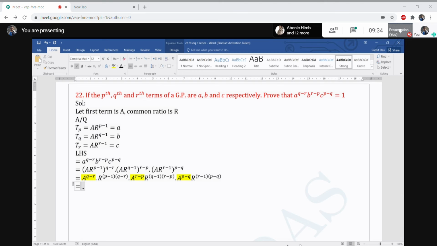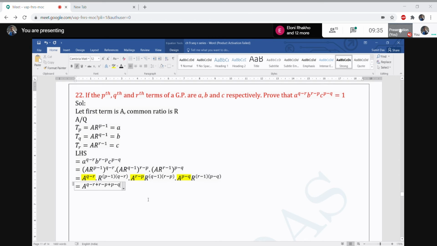So here it will be A to the power Q minus R plus R minus P plus P minus Q. Check: Q minus R is here, plus R minus P is here, and P minus Q is here.